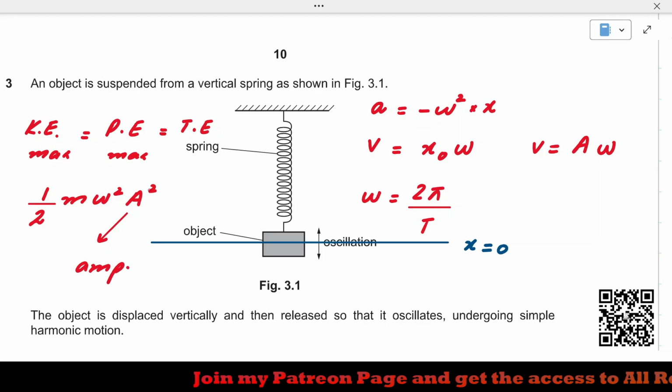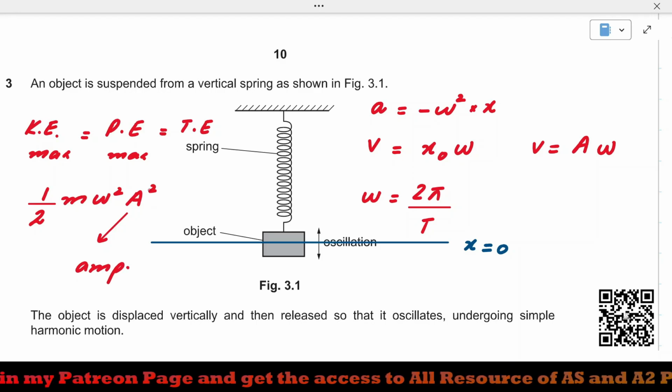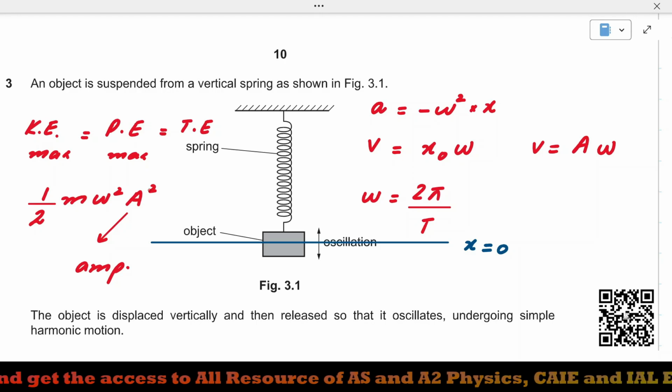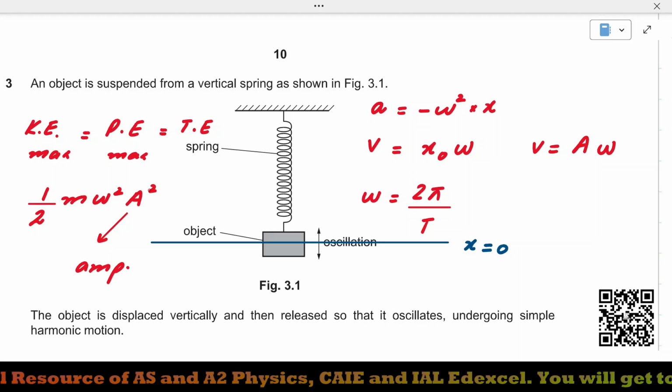You can write either x naught or capital A, it doesn't make any difference. So these are some of the formulas which could be used for the following parts.